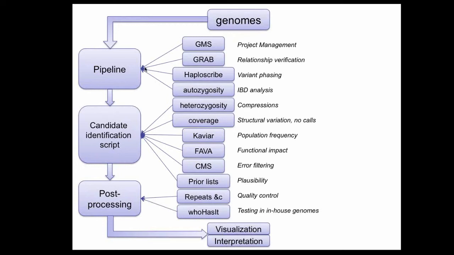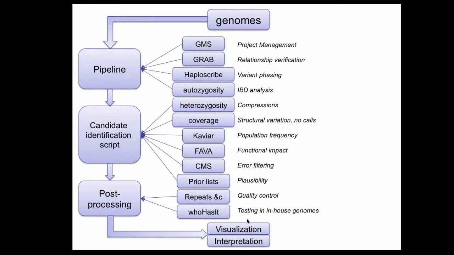As you can see here, we have a whole series of different things that we need, all the way from project management to understanding basic biology of the genome, and then comparing to other genomes and trying to interpret the variants themselves.